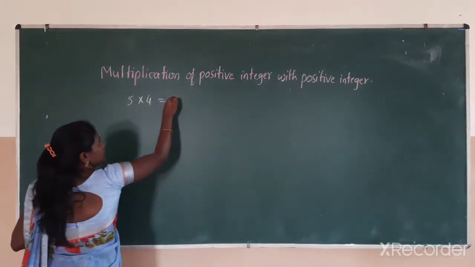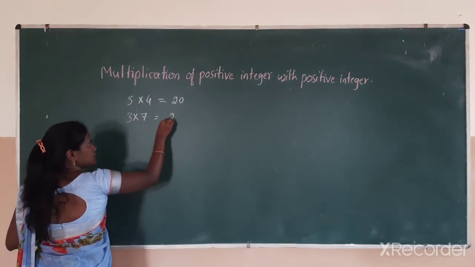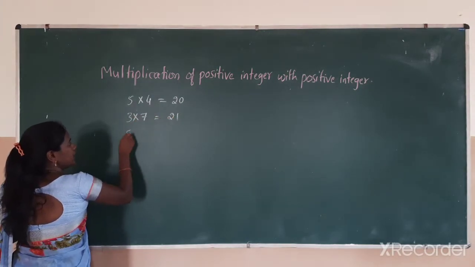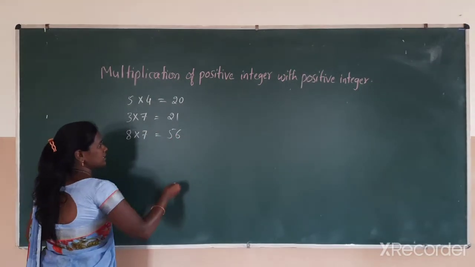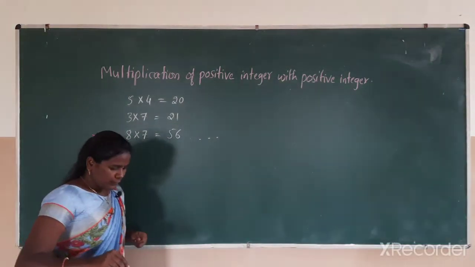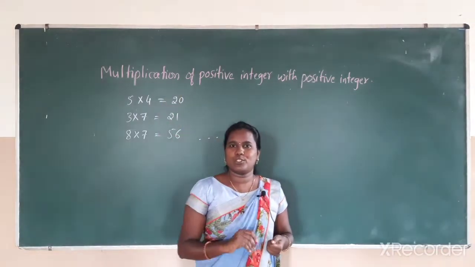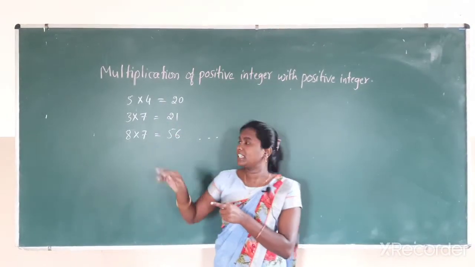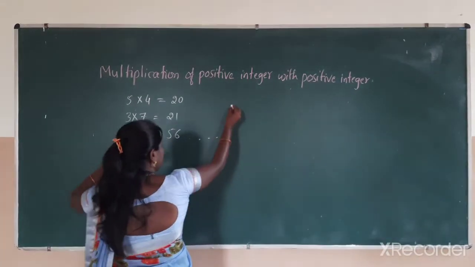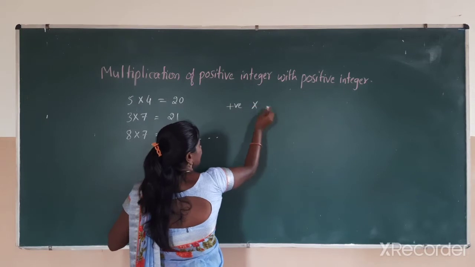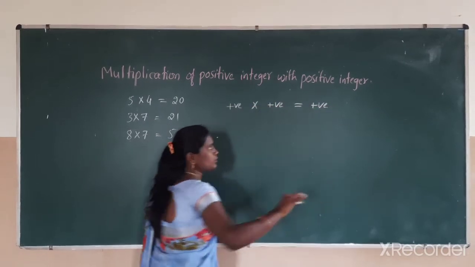So 5 4s are, of course, 20. 3 7s are 21. 8 7s are 56. So like this, if you take some positive integers, when you multiply a positive integer by another positive integer, the product you get is again a positive integer. So it is clear that a positive multiplied by a positive integer gives a positive integer.